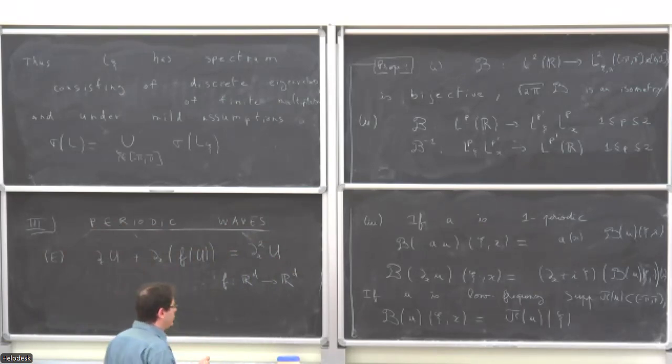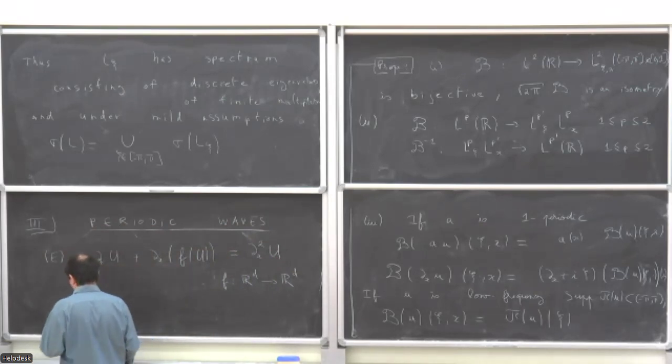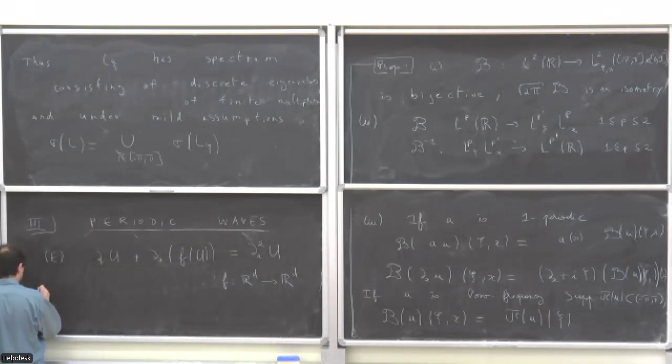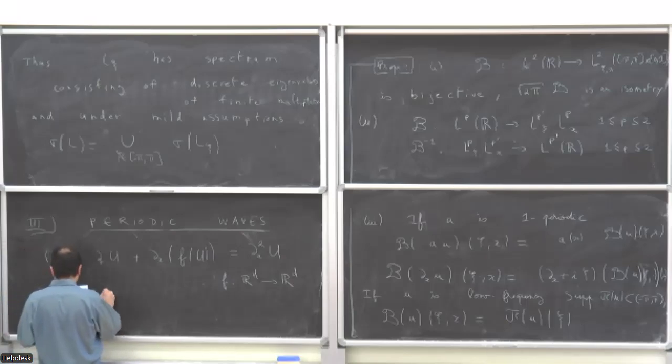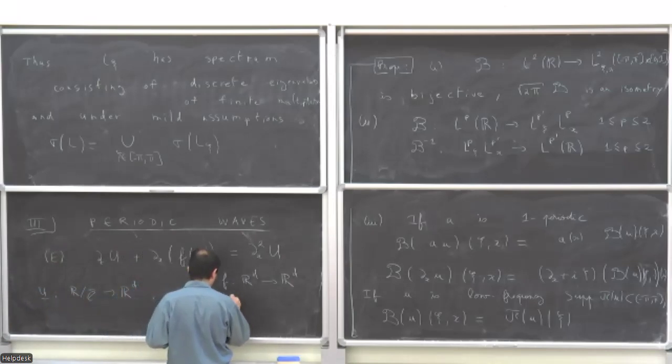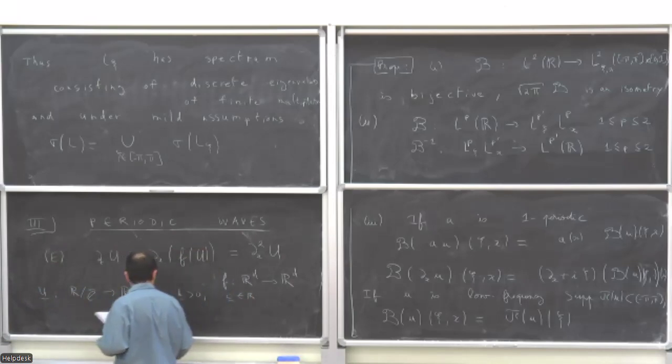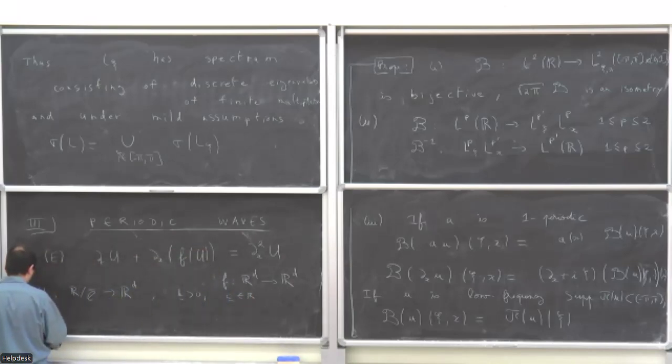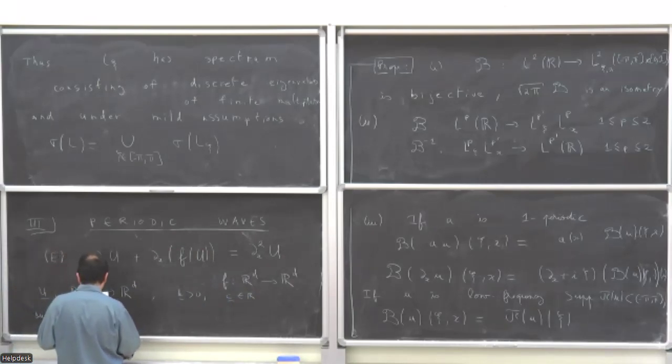But it's a system, and the background solution I want to look at is something that's a traveling wave, okay? I mean, the evolution is just translation in space at a fixed speed.